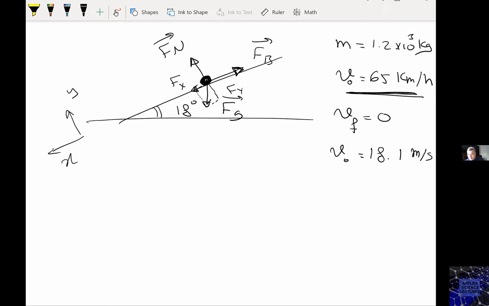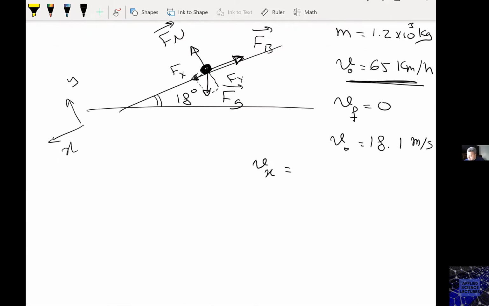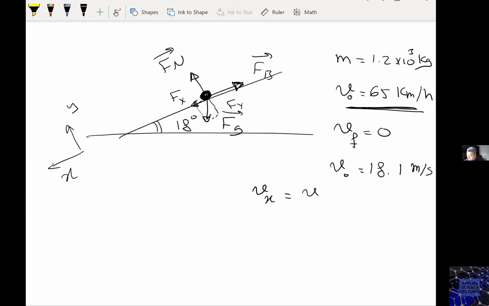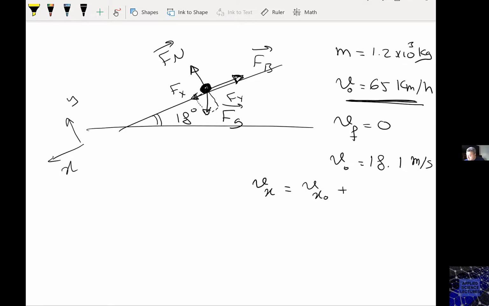Okay, I can calculate the acceleration. So in this case, I have Vx equals Vx naught plus ax t.